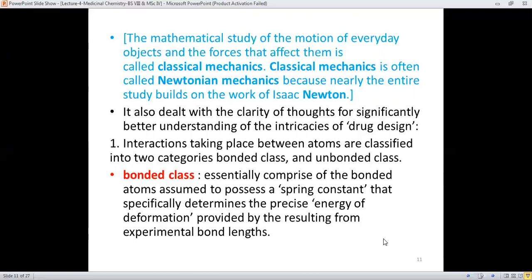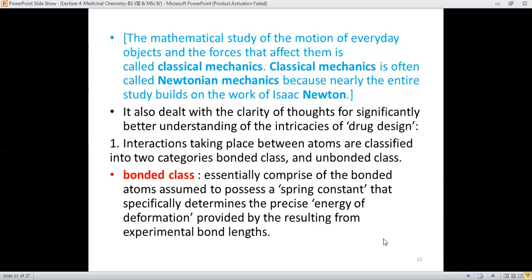It may be secondary types of forces, may be electrostatic ones, dipole interactions, or van der Waals. The mathematical study of the motion of everyday objects and the forces that affect them is called classical mechanics. And classical mechanics is also called Newton mechanics because nearly the entire study builds on the work of Newton.